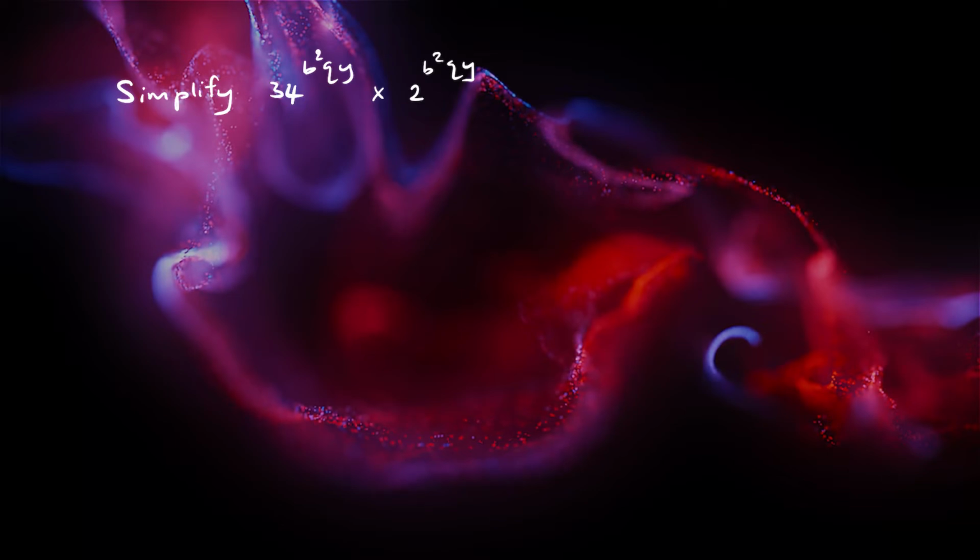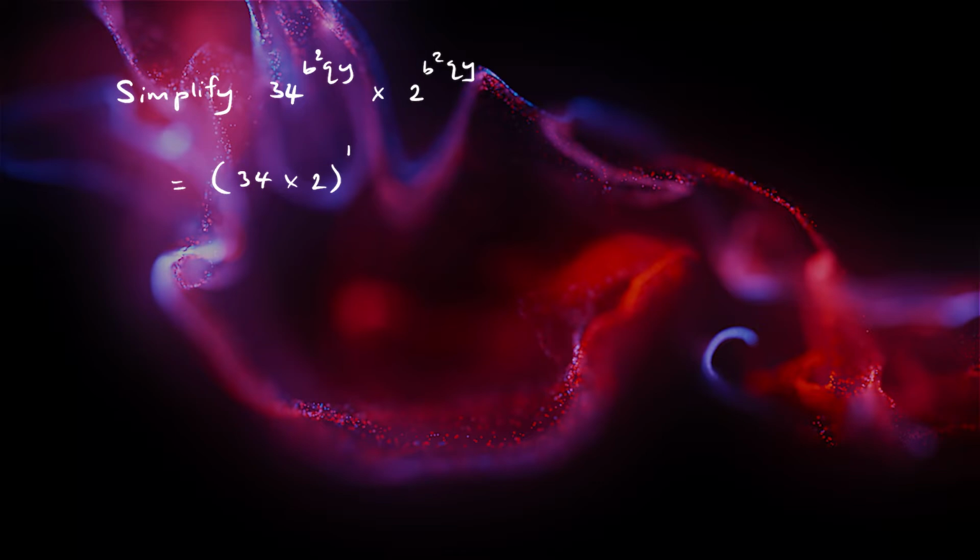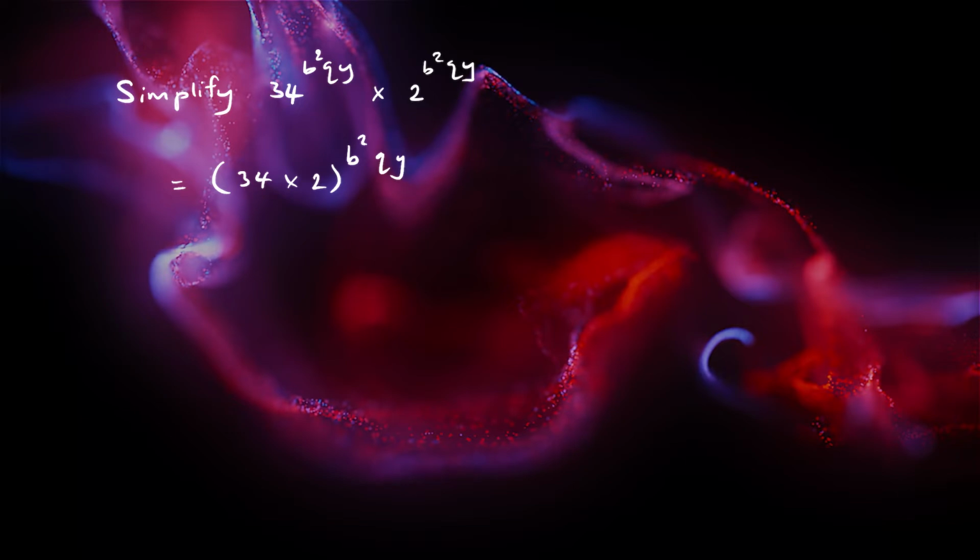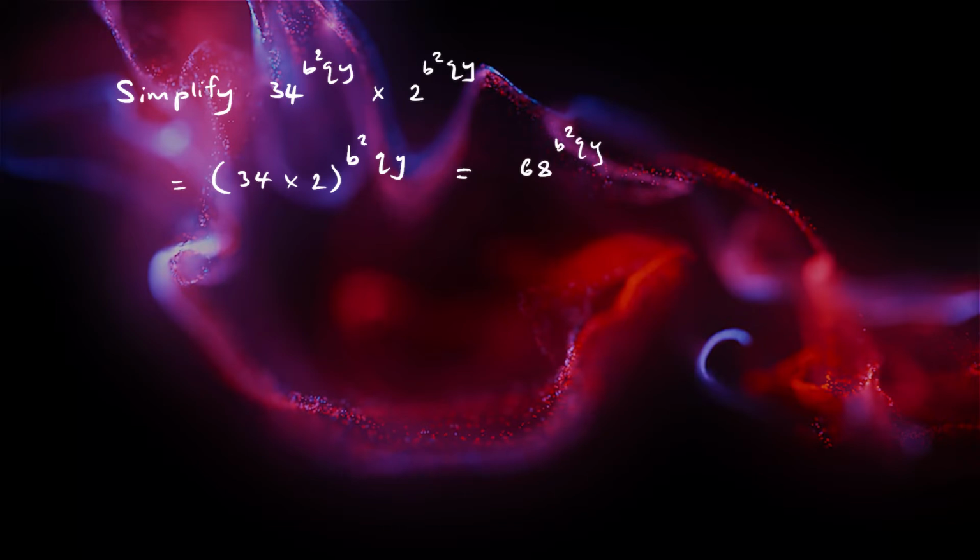So let's go ahead and do that. This is the same as 34 multiplied by 2 raised to the power of b squared qy. Now all we have to do is multiply our bases together. So 34 multiplied by 2 gives me 68 raised to the power of b squared qy. We can't get any simpler than that, so that's our fully simplified term.